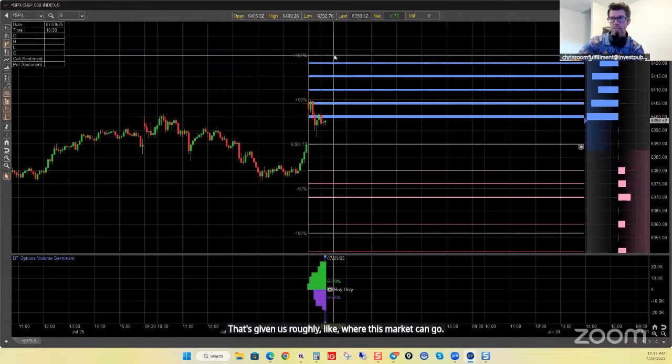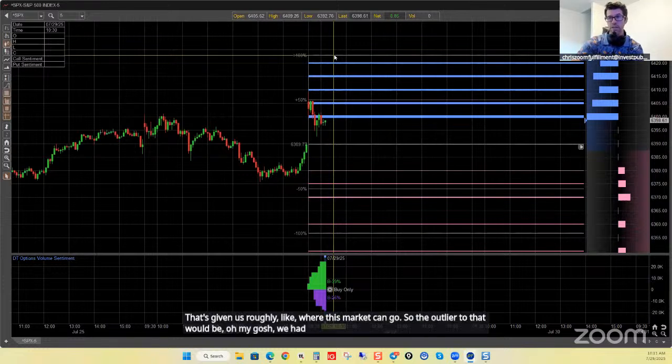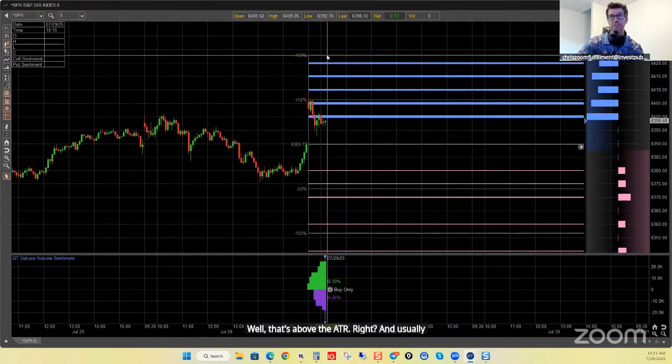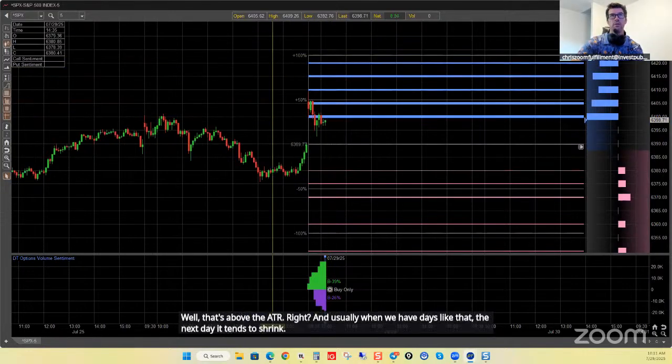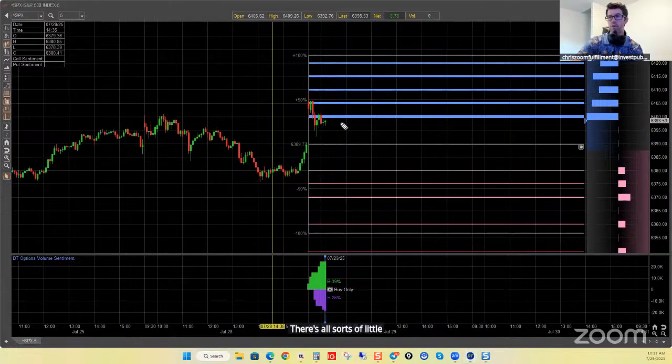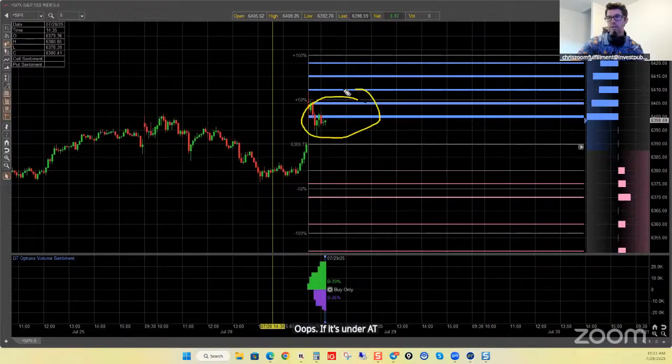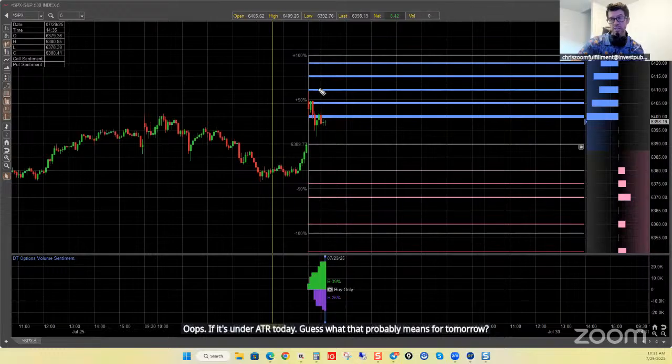The outlier to that would be, oh my gosh, we had a 50 point move today in the S&P. Well, that's above the ATR, right? And usually when we have days like that, the next day it tends to shrink. There are all sorts of cool things here. If we're under ATR today, guess what that probably means for tomorrow? Tomorrow will have FOMC in the afternoon.